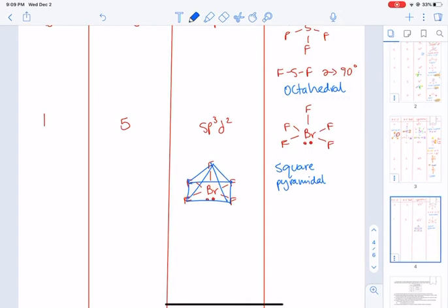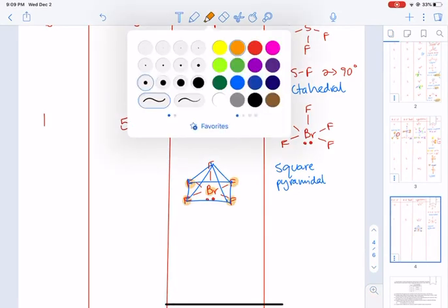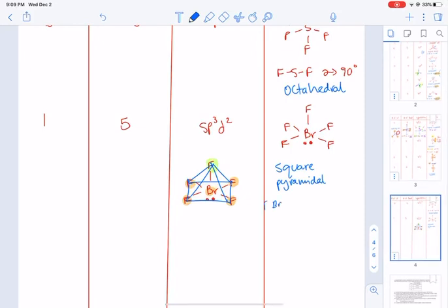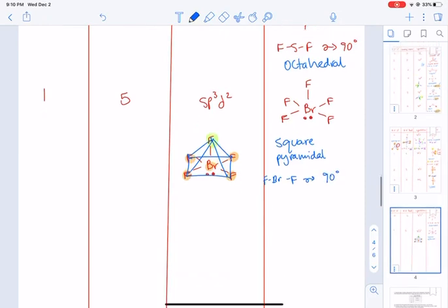It literally forms a pyramid. So bromine and those 4 fluorines form the base of the pyramid, and this fluorine at the top is the pinnacle, the top of the pyramid. It looks like a square pyramid, like in Egypt, those pyramids. And so the bond angles for everything here is still 90 degrees. And you've got that lone pair chilling on the bottom.